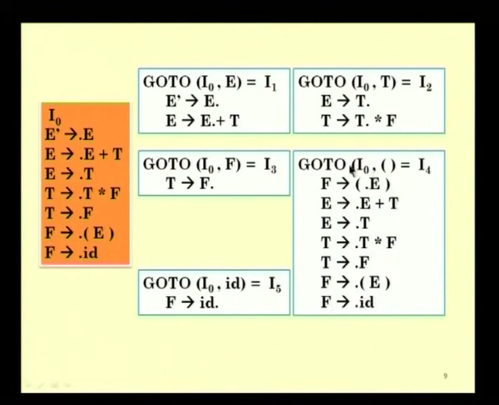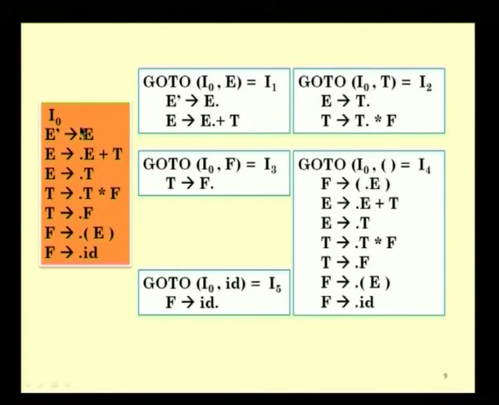So as far as goto of I0 comma opening bracket is concerned, we get a new state which is called I4, with almost 7 items. The first item is obtained from the state I0, from the item F derives dot opening bracket E closing bracket, and all the remaining items are generated as a result of the closure of F derives opening bracket dot E closing bracket.